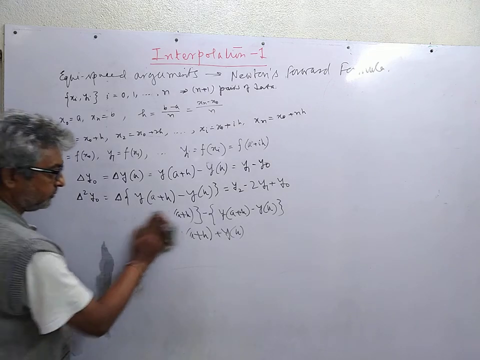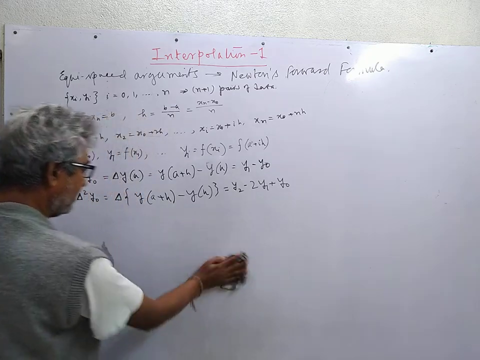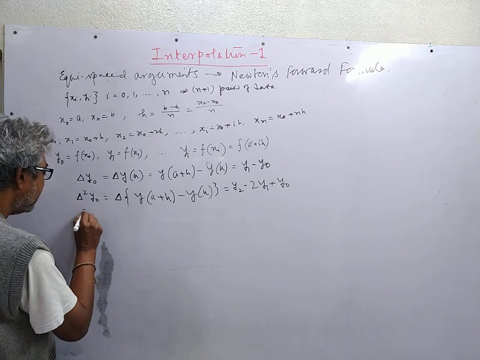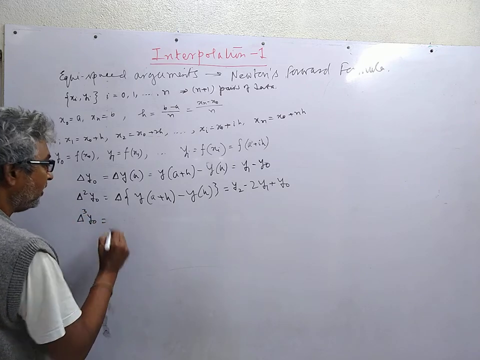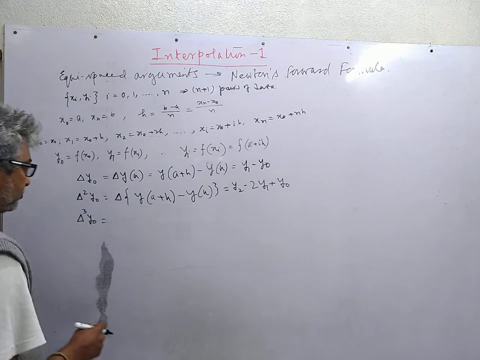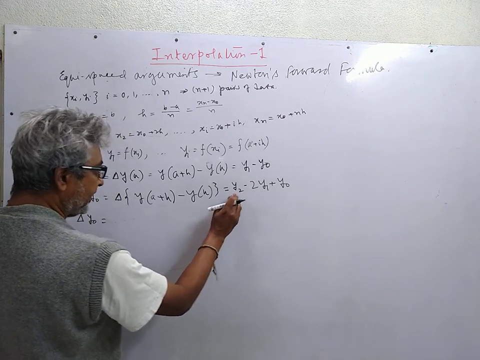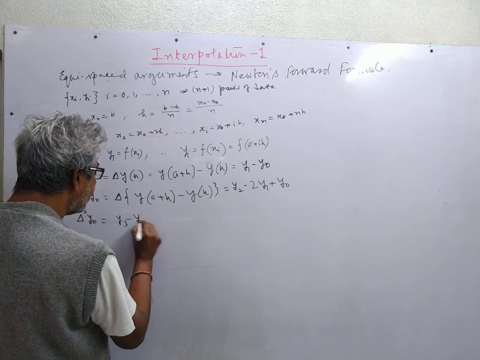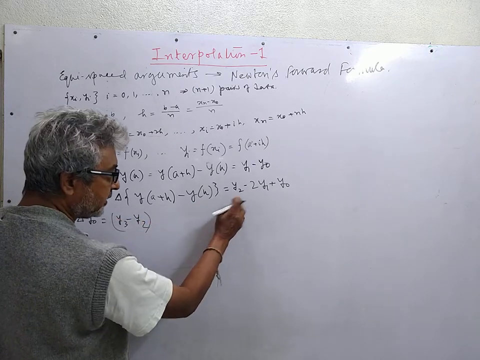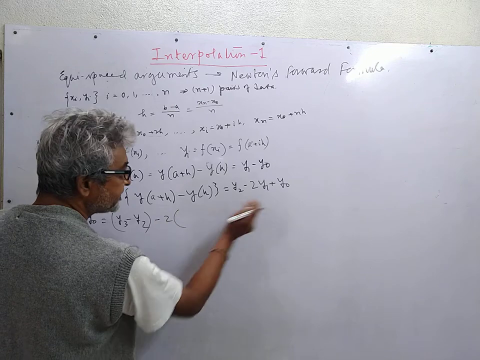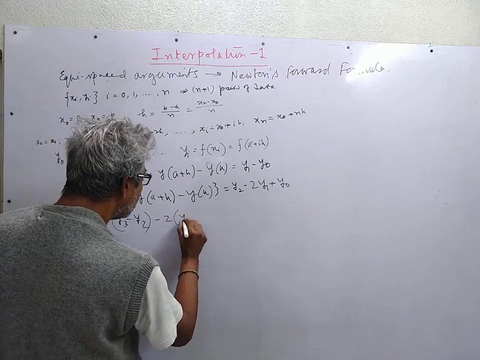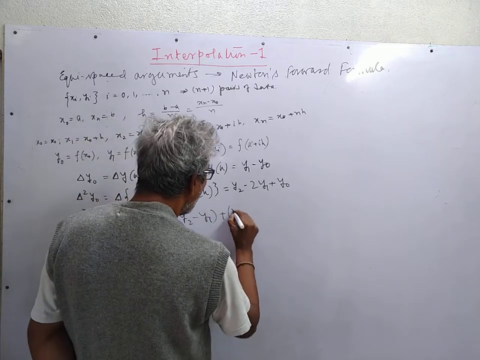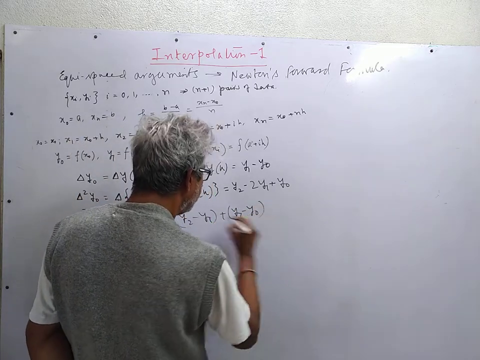Similarly, if we calculate the third order difference of y0, that is delta 3 of y0, first this will be operated on this and we get y3 minus y2 from this part, then minus 2 times (y2 minus y1), and then plus y1 minus y0.